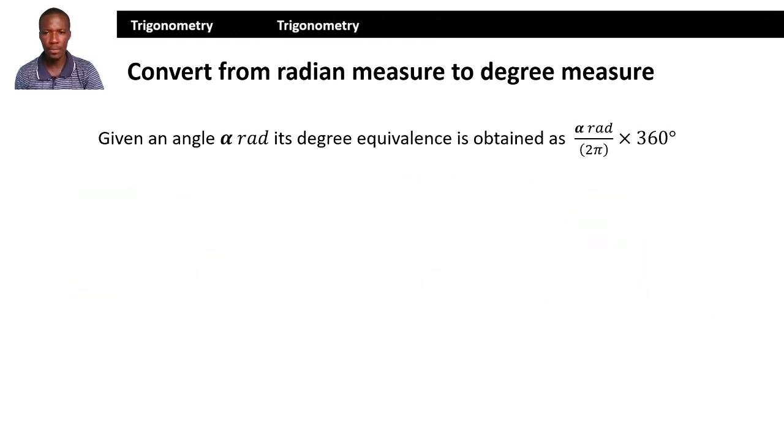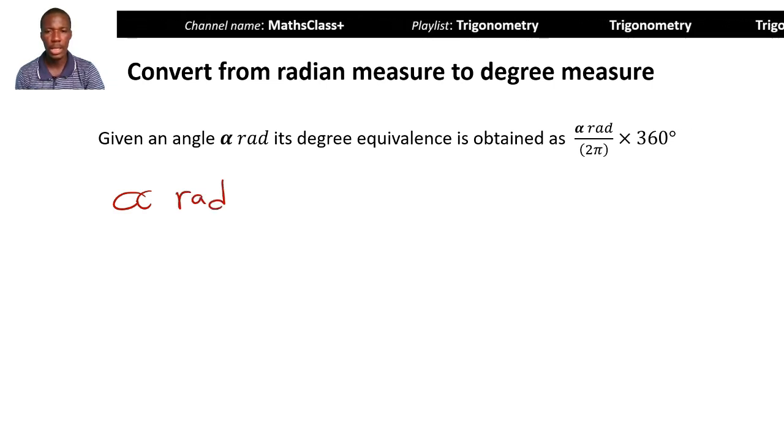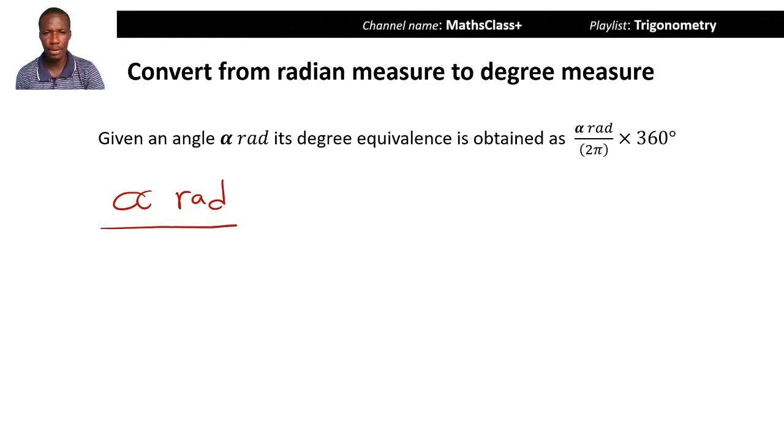Now, to convert from radian to degree, you also find the fractional equivalence of the value which is in radian. Assuming you have alpha, which is in rad, and you want to convert it to degrees, remember the total number of angles in a complete revolution in radian is 2 pi.